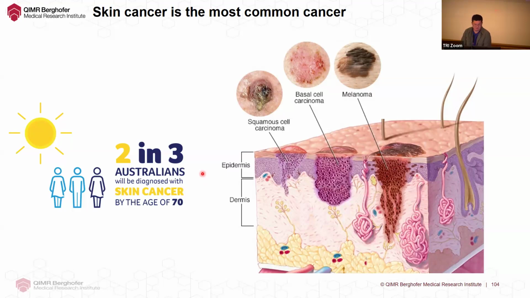And there are 3 primary types of skin cancer, BCC, SCC, and melanoma, and each type affects a different layer of skin. And melanoma is the most dangerous one due to its potential to spread rapidly.